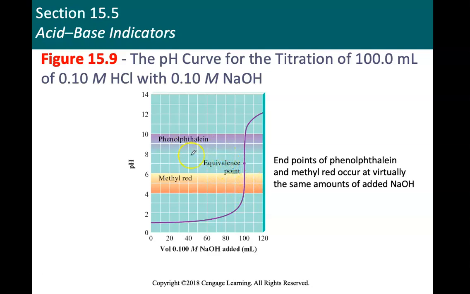Now, most of us know that this is what we often use, phenolphthalein. So that's still valid because you can see the range of phenolphthalein, from pH 10 to pH 8, is when the color changes, and that's still in the region of this equivalence point. But alternatively, we can also use methyl red, and that should also work accurately.